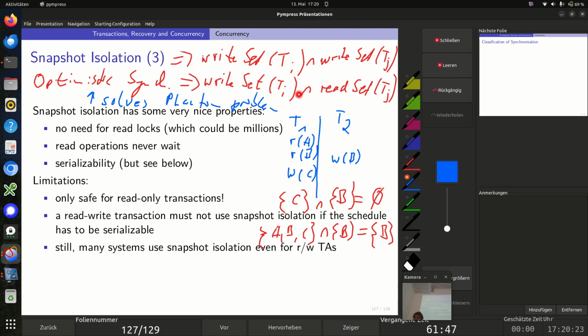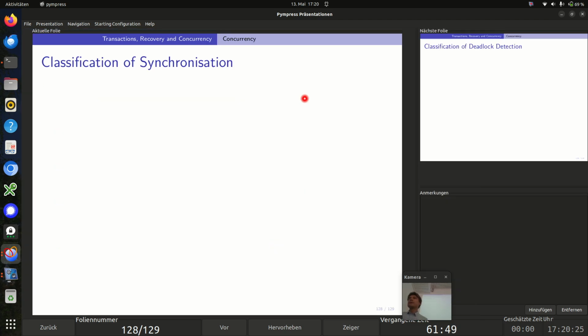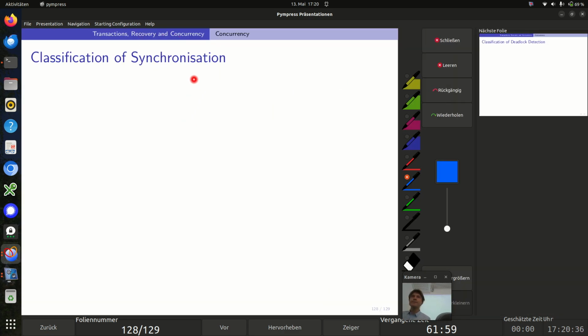Okay, last but not least, we can classify all the synchronizations we have seen, to sum up. The idea is we have pessimistic and optimistic. Synchronization can be either pessimistic or optimistic.